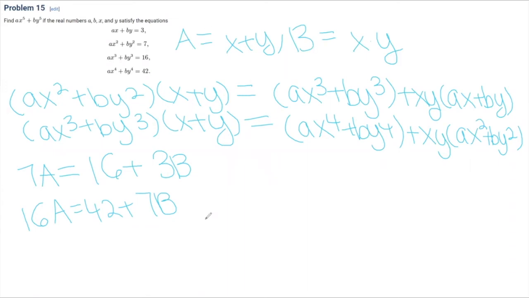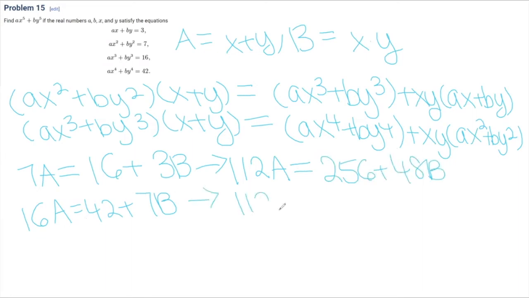So now we have this system of equations. Let's multiply both equations by 16 and 7 respectively to cancel out A. So we have 112A is equal to 256 plus 48B, and here 112A is equal to 7 times 42, which is 294, plus 49B.